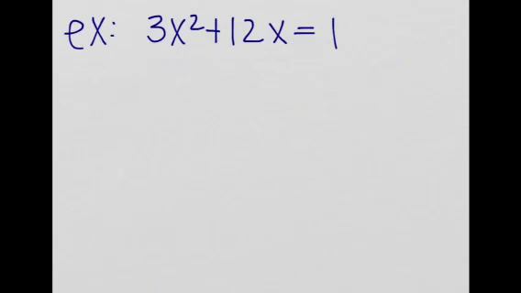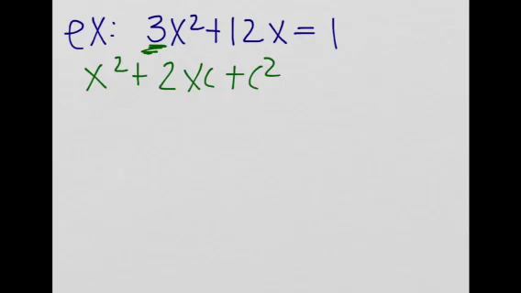So we have 3x squared plus 12x is equal to 1. Okay, well let's see. So we know we want it in an x squared plus 2xc plus c squared form, but realize that there's a coefficient out front for the x squared.